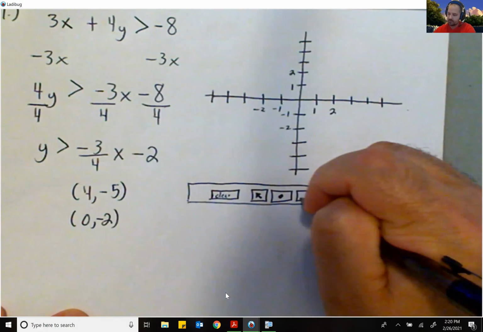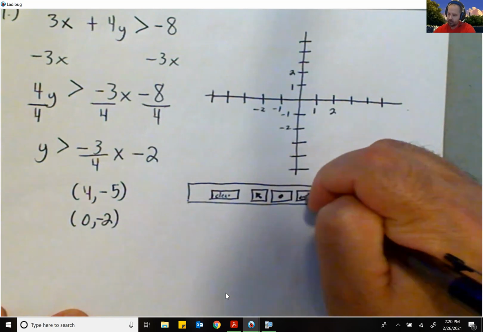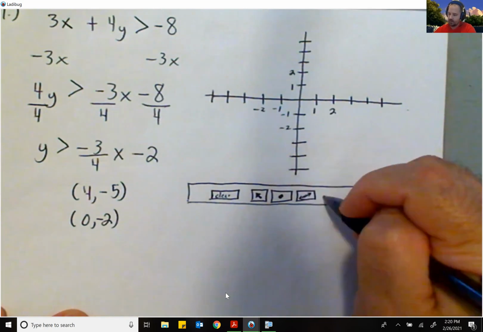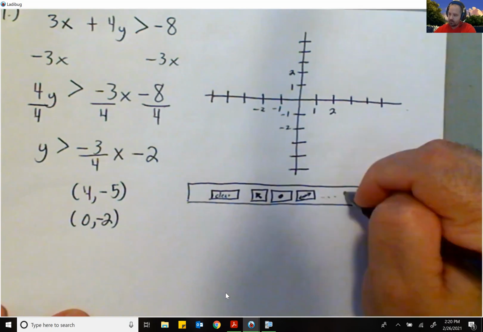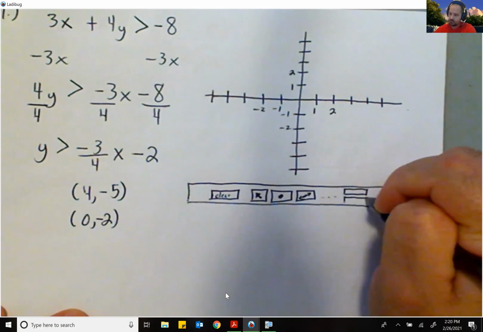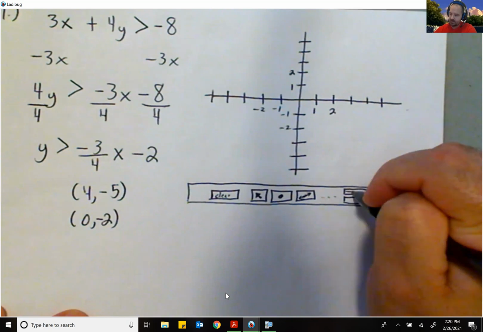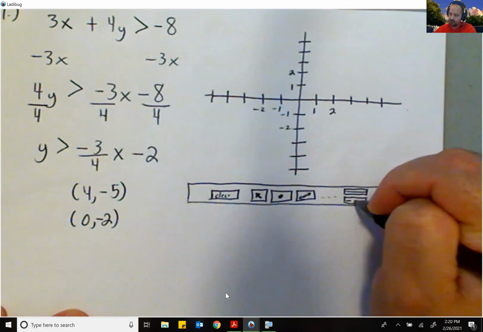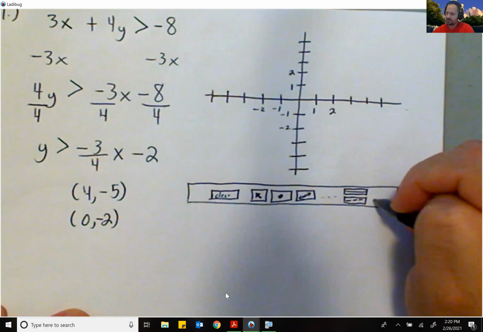You got your line tool. There are some other tools there you know about. We got our 2 buttons where one is a solid line, one is a dotted. And then after that, I believe we have our paint bucket.